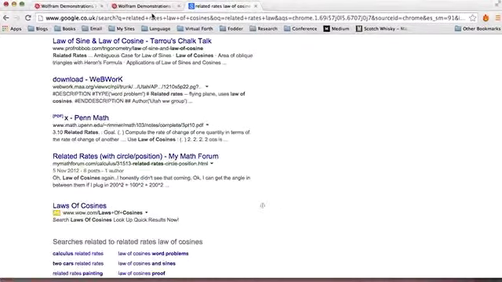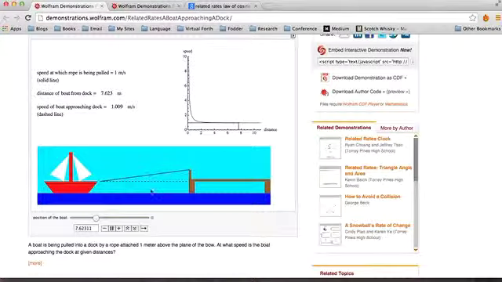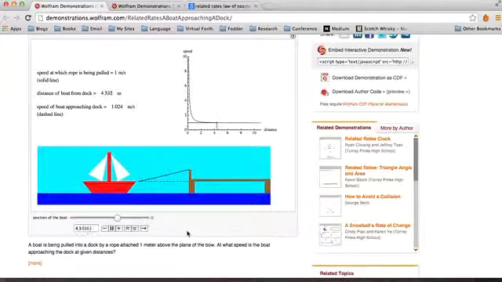Now, here's generally what's happening. And remember, always go and look at Wolfram demonstration, especially when there's motion involved, because a lot of calculus teachers put lots of neat stuff up there.